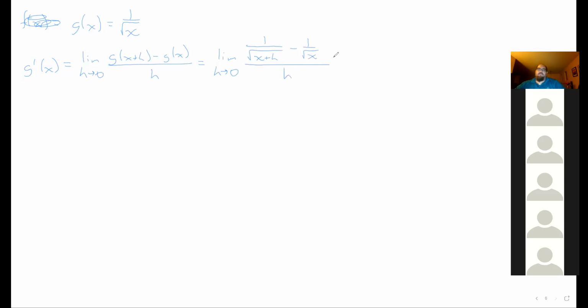All right, I'll go ahead and take some input for the rest of this. Where should I go from here? You should probably get the same denominators for both fractions in your numerator. So you would multiply one side by square root of x. On the left side you would multiply that, and on your right side you would multiply by square root of x plus h to get the same denominator.